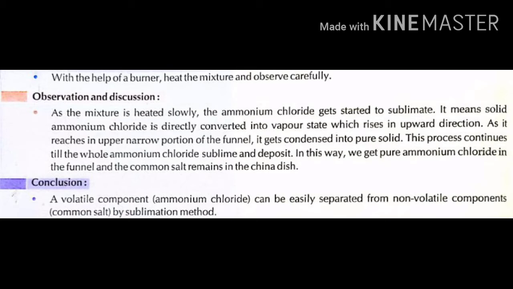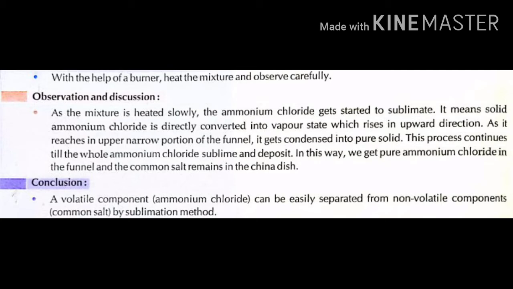As the mixture is heated slowly, the ammonium chloride starts to sublimate. It means solid ammonium chloride is directly converted into vapor state, which rises in upward direction. As it reaches the upper narrow portion of the funnel, it gets condensed into pure solid.